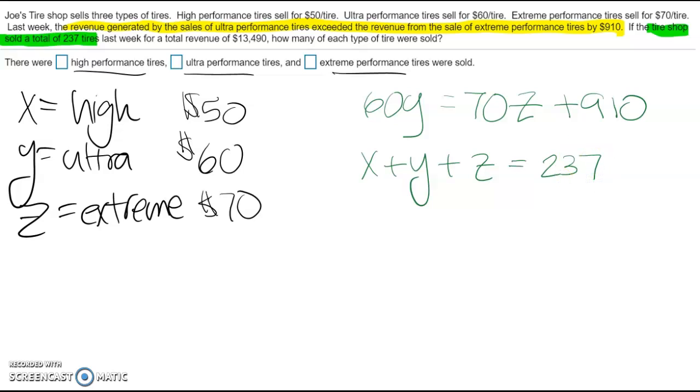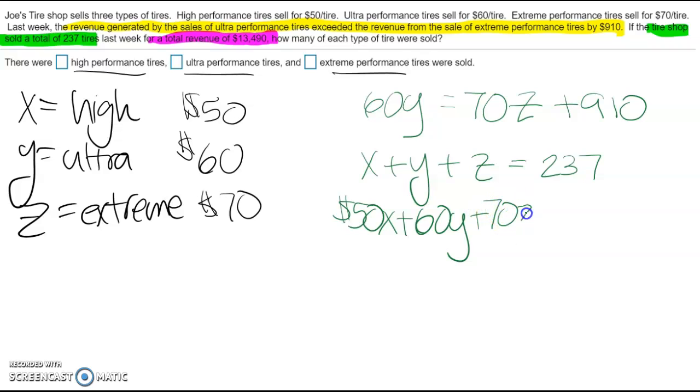And then last but not least, it says the total revenue was $13,490. And again, revenue is a dollar amount, so we need to include our dollars in there. So $50 times X plus 60Y plus 70Z must equal 13490.